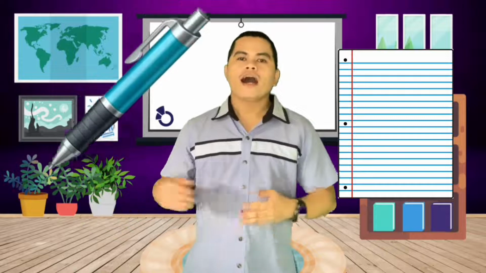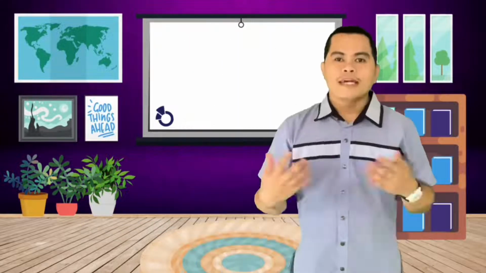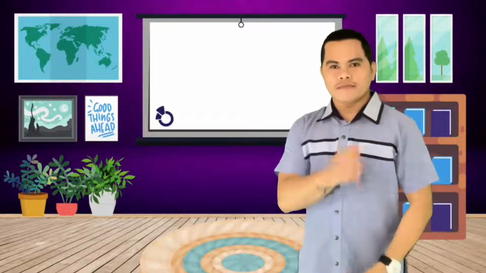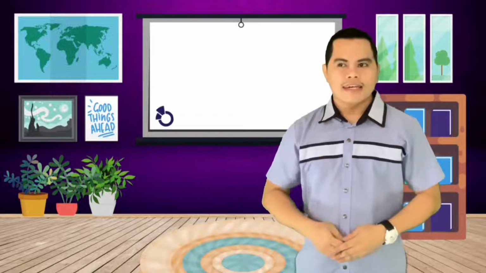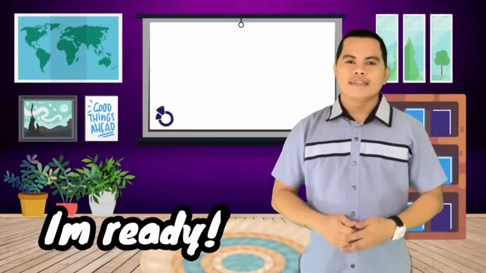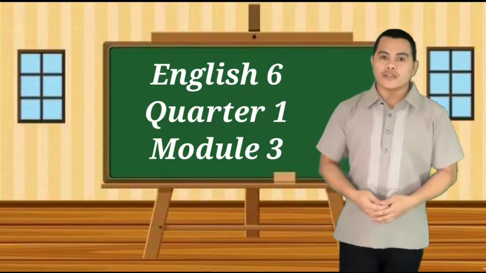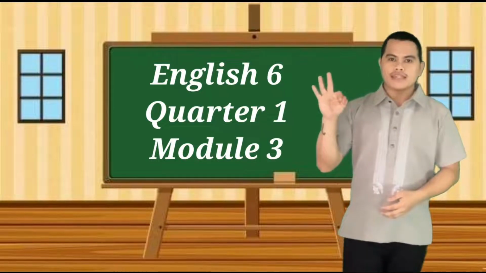But before we proceed to our lesson, make sure that your self-learning module, paper, and pen are all set. If you are ready, tap on your shoulder and say, I'm ready. Great! Today, we are going to discuss English 6, Quarter 1, Module 3.